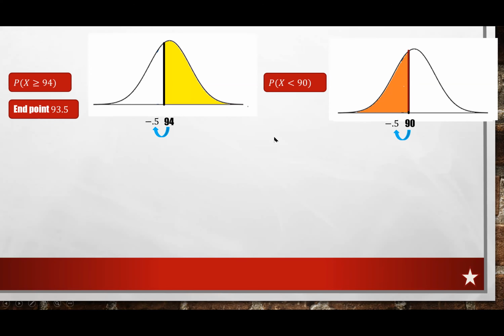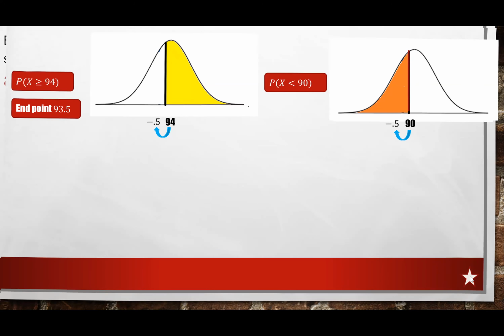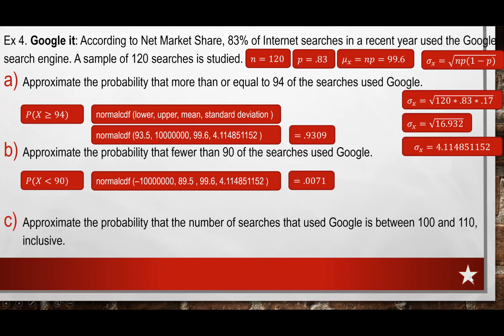That will be my lower limit. My lower limit will be 93.5 and my upper limit will be some humongous number, which is 10 million, and then my mean and my standard deviation. Oh, okay. I see. Okay, I got it.